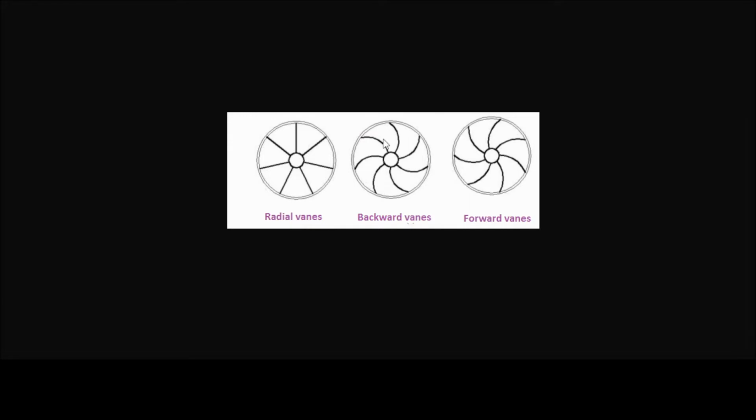Here the direction of motion of the blade is clockwise, and this backward vane is leaned towards the back, just opposite to the direction of motion of the vane. Now here you can see this is forward vanes, leaning towards the direction of motion of the blade, and here also the direction of motion of the blade is clockwise.